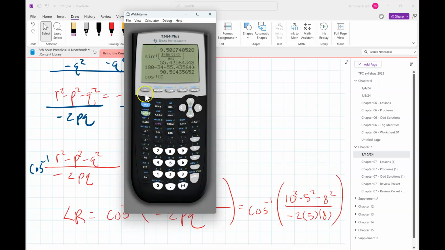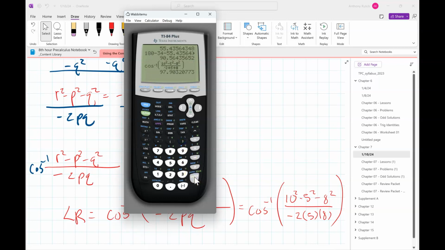So cosine inverse, alpha y equals option 1 to make my fraction, and then 10 squared minus 5 squared minus 8 squared over negative 2 times 5 times 8.